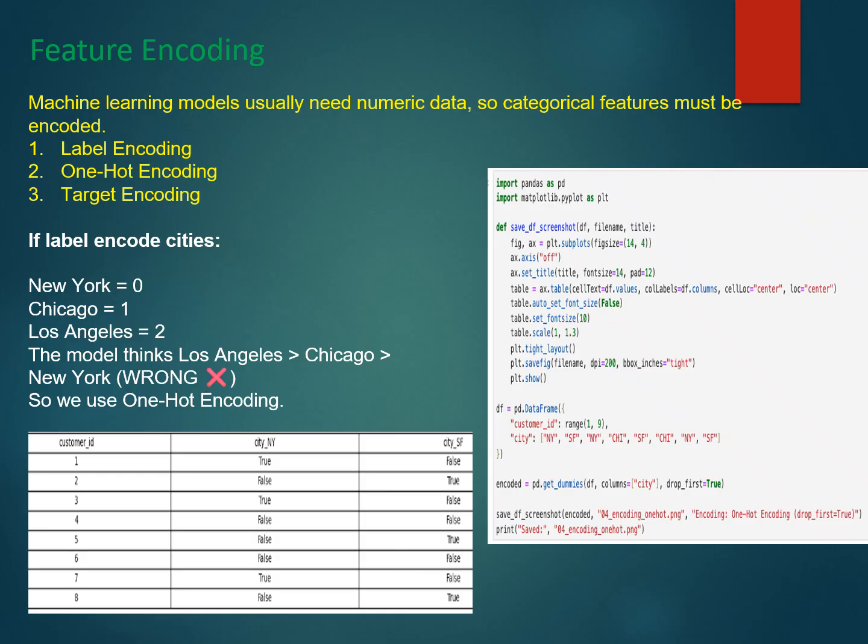If we label encode cities as New York equals 0, Chicago equals 1, and Los Angeles equals 2, the model might incorrectly assume Los Angeles is greater than Chicago. That's why for non-ordered categories, we use one-hot encoding. Choosing the right encoding method is extremely important for model accuracy.